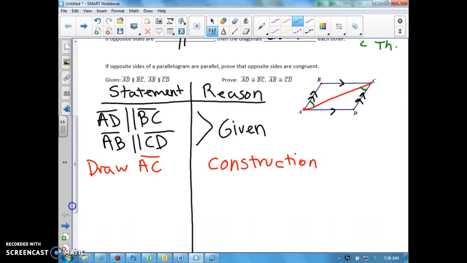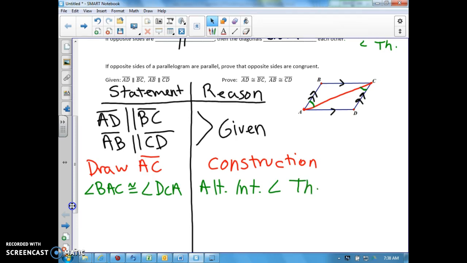So I can say that angle BAC is congruent to angle DCA because they're alternate interior angles theorem.